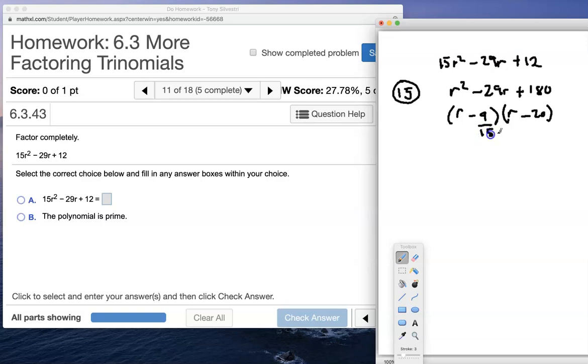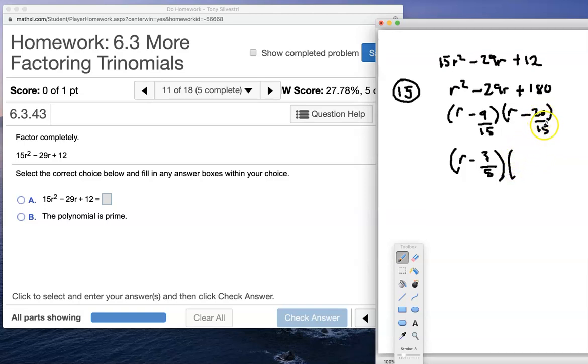Next step. 15, 15. Okay, simplify the fractions. Well, 9 over 15 is a fraction, but it can be simplified by dividing top and bottom by 3. So that's going to be 3 over 5. And this is 20 over 15.